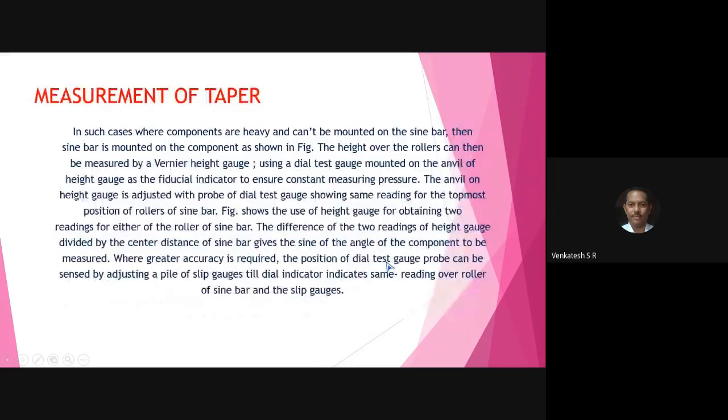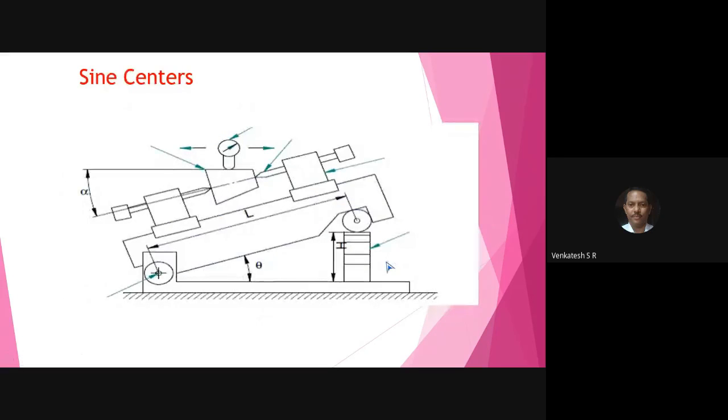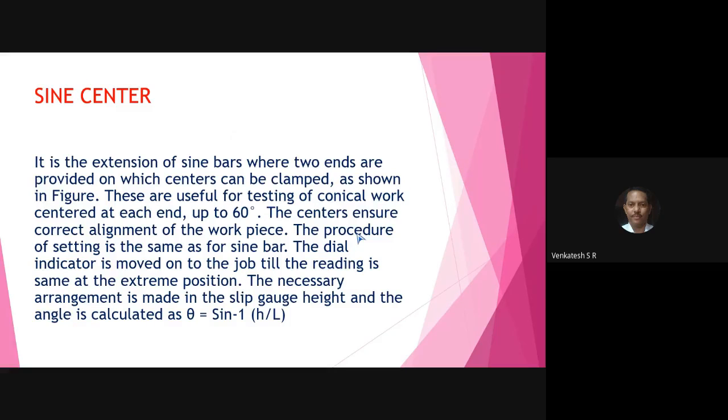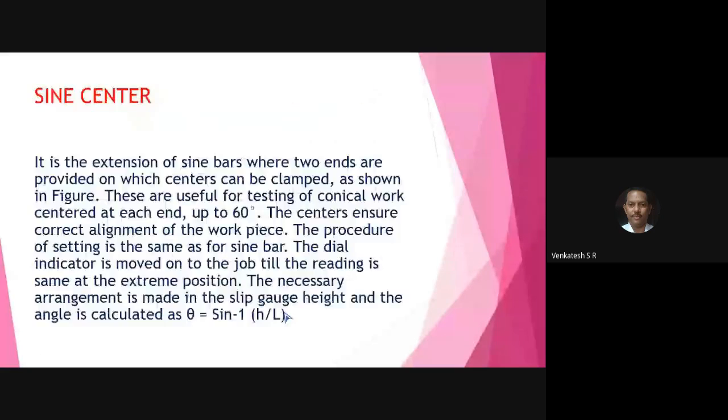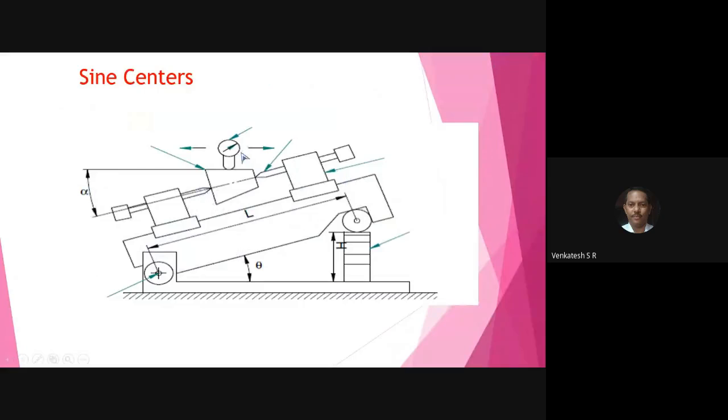Next, this is the sine center. This is very, very important for mechanical engineers. Sine center. Here you have to use theta equal to sine inverse of h, height, divided by L. Then you can calculate the angle of the tapered component.